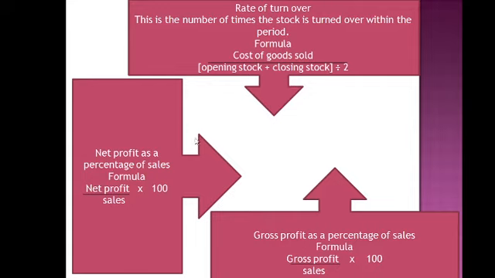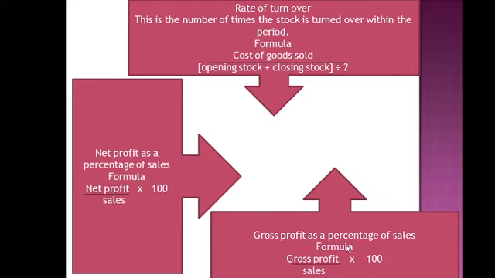All right. Now the next one, net profit as a percentage of sales. The formula for this is net profit over sales times 100. Now the gross profit as a percentage of sales.